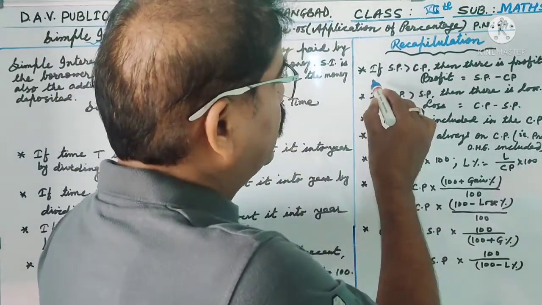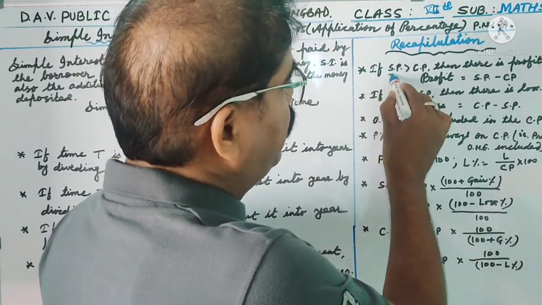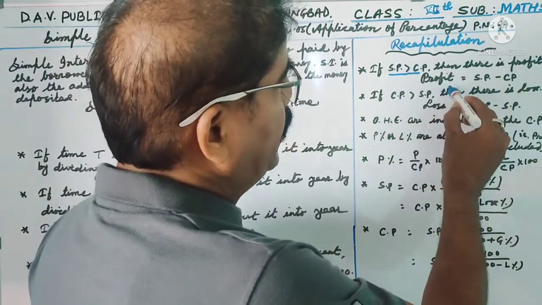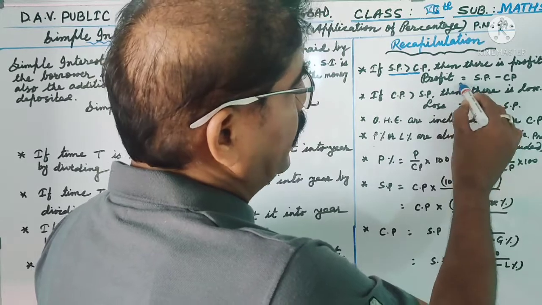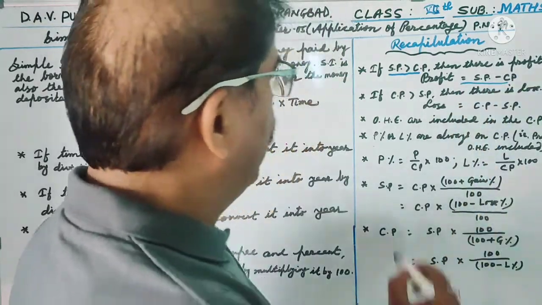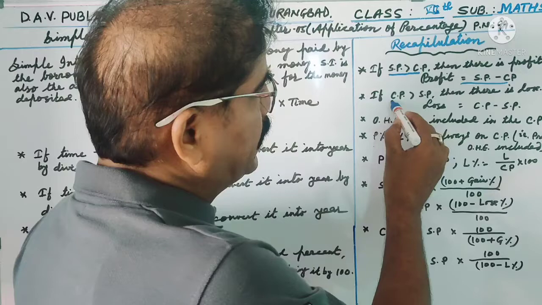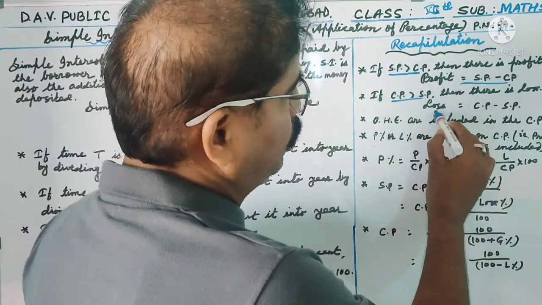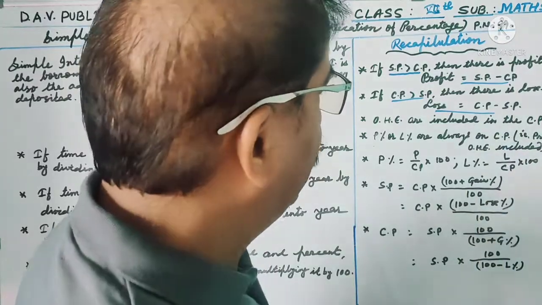Dear students, if SP is greater than CP, then there is a profit, and profit equals SP minus CP. And if CP is greater than SP, then there is a loss, and loss equals CP minus SP.